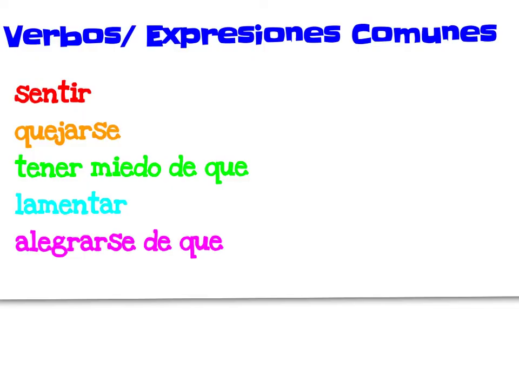Yo siento que tu mamá esté enferma. I'm sorry that your mom is sick. Quejarse means to complain. Tener miedo de que means to be afraid that. Lamentar, to regret. Alegrarse de que, to be happy about.